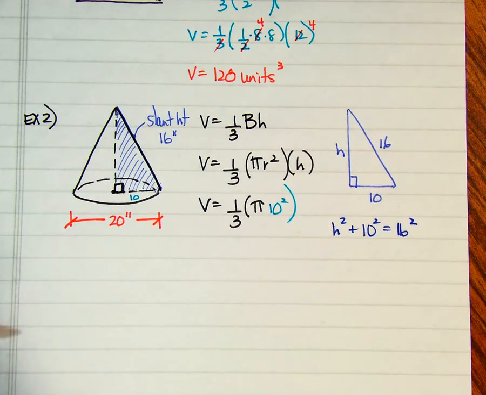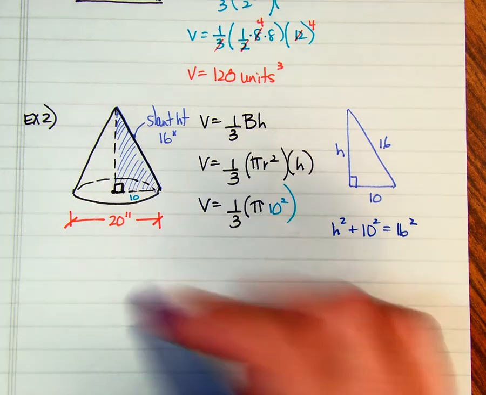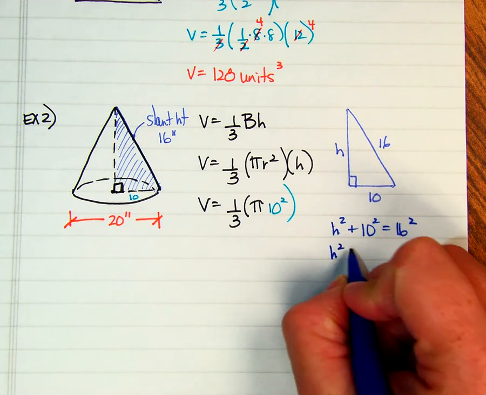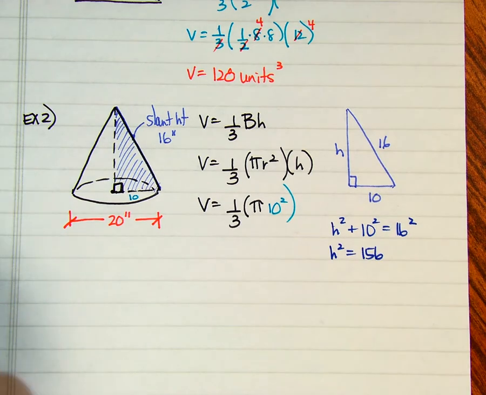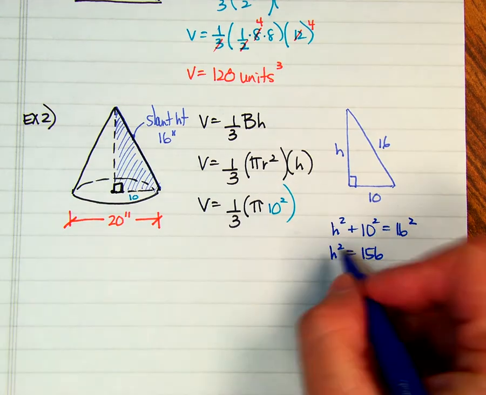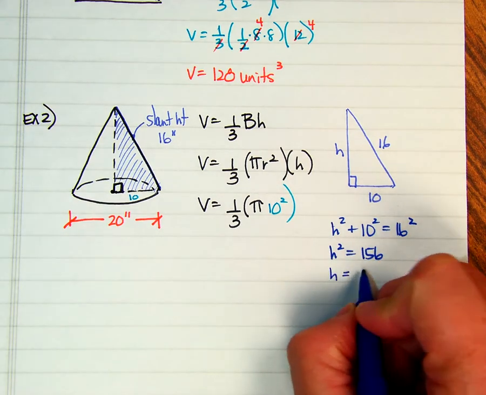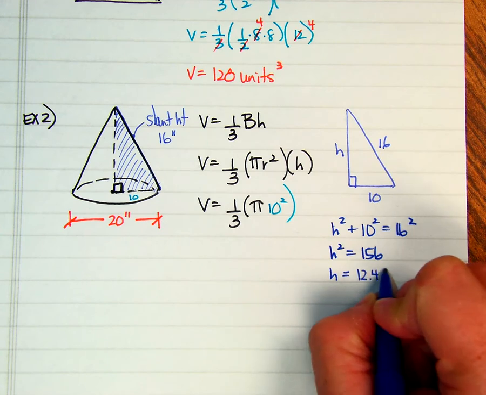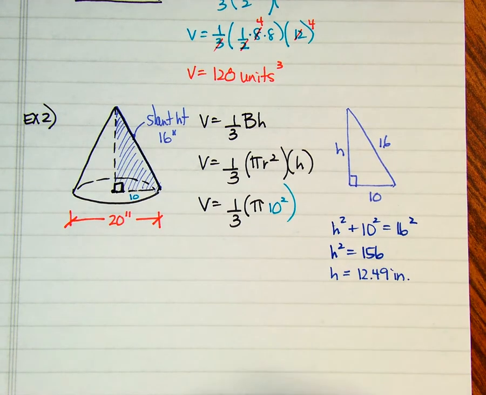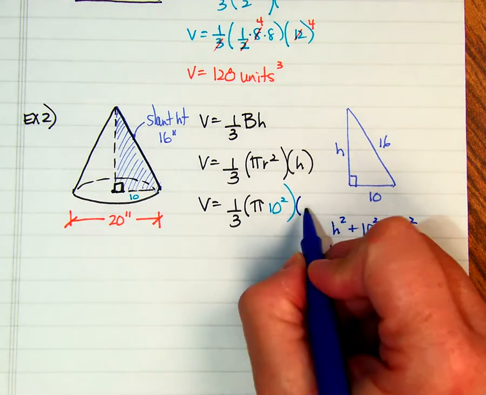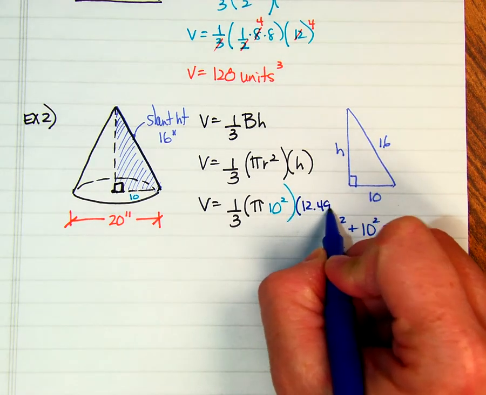I'm going to do a little bit of shortcut. And I get h squared to equal 156. I'm going to square root that in my calculator, and I get the height to be about 12.49 inches. So now I have enough to find my volume.